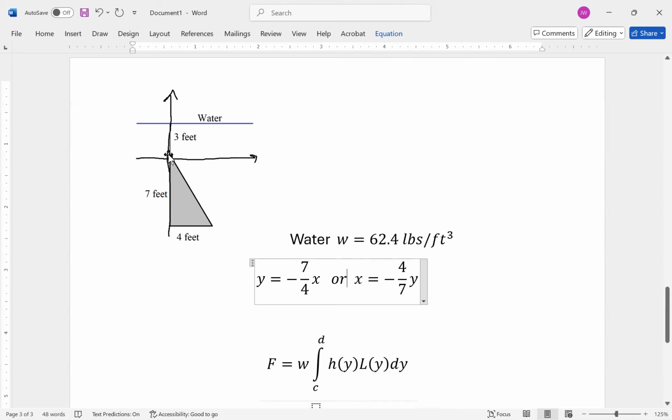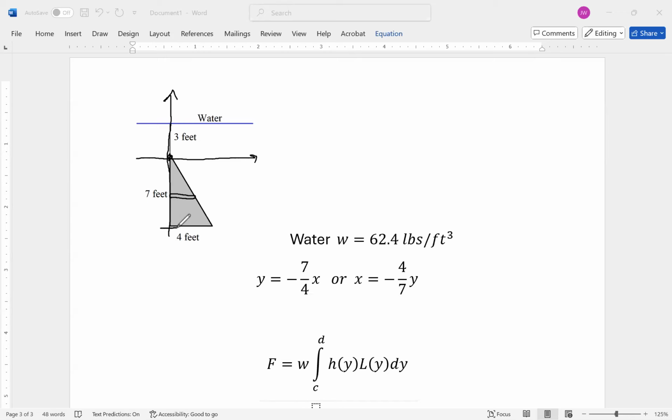The left-hand line is going to be the y-axis, which is just x equals 0. So I get x equals 0 as one side of a horizontal rectangle. And on the other side of a horizontal rectangle, I get x equals negative 4/7 times y.